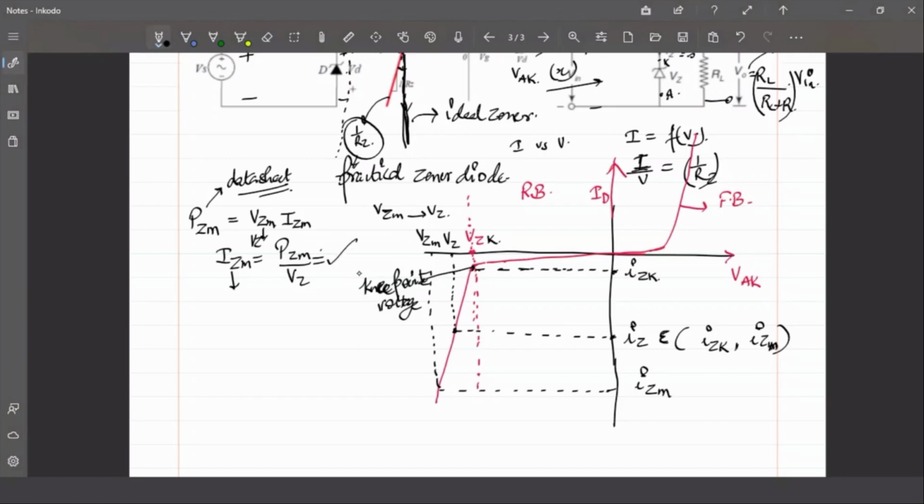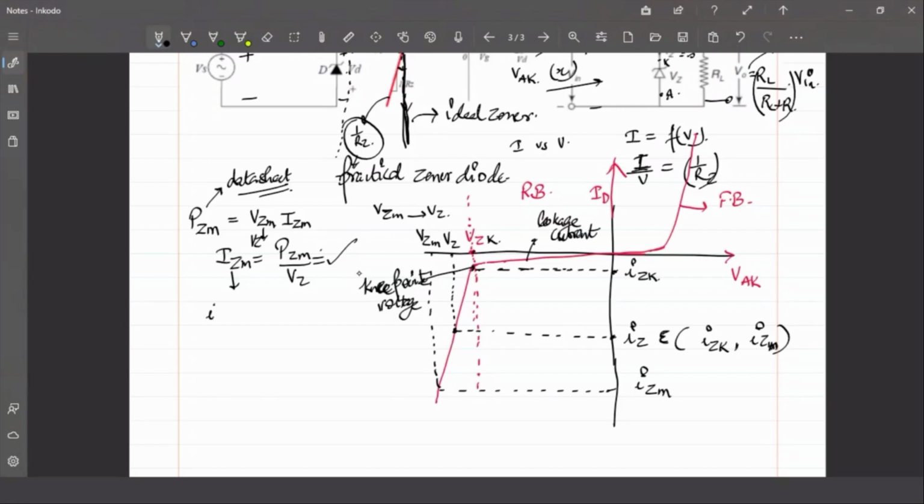So this is found out from the data sheet, and IZK, definitely we know that this point in the characteristics is the point at which your device starts conducting. Just before that, it is again in the reverse bias condition, but only a leakage current flows through the circuit during this time.